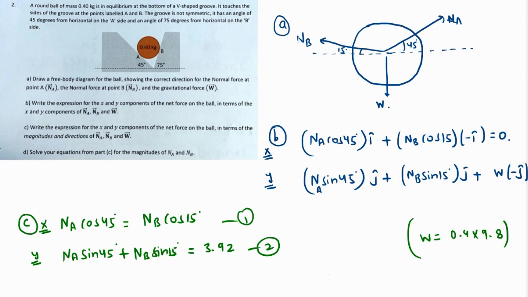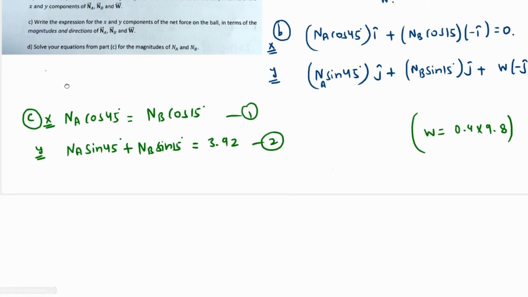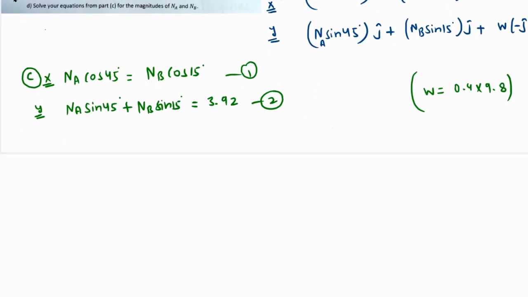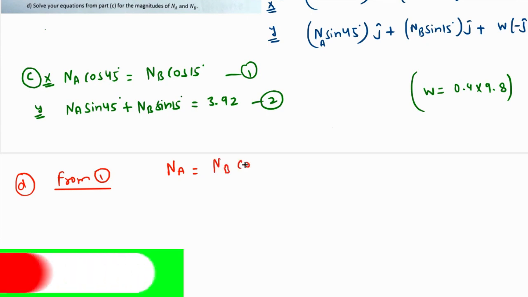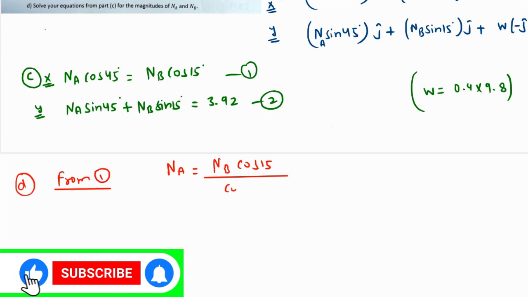All right. And in part D, we need to calculate the values of NA and NB from the equations. That's pretty straightforward. From equation number 1, we are going to find the value of N sub A by dividing both sides by cos 45. So N sub A equals N sub B cos 15 over cos 45. Let's call it equation number 3.